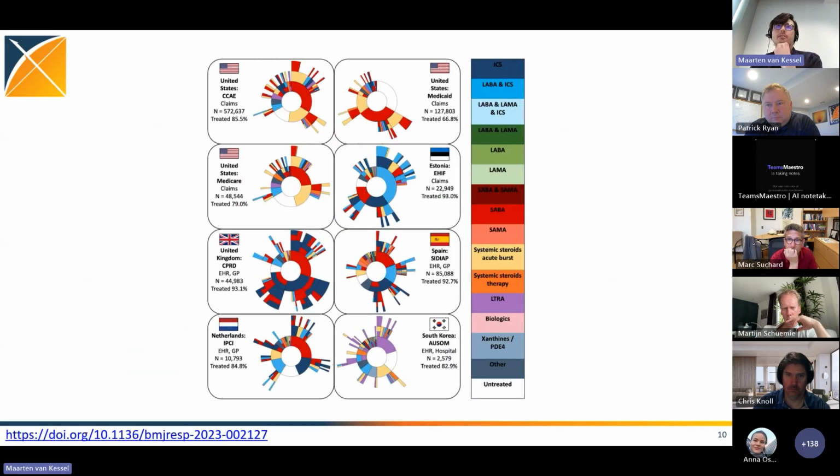A couple of years later, Aniek published this paper using treatment patterns, or her version of the treatment patterns package, to do a network study on COPD and asthma for various medications, which is really nice to see.